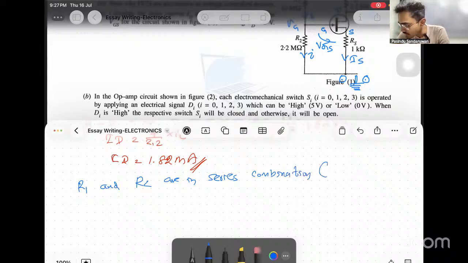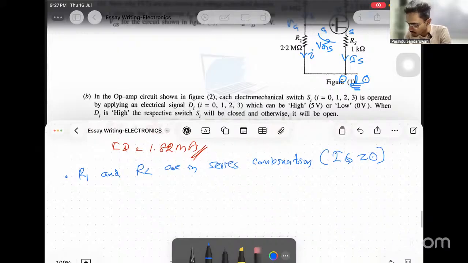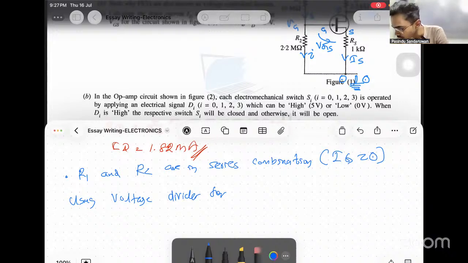The reason is Ig equals 0. Then using the voltage divider, that is also called the potential divider, we apply it for the grounded one, R2.